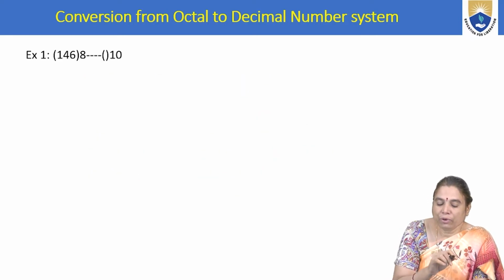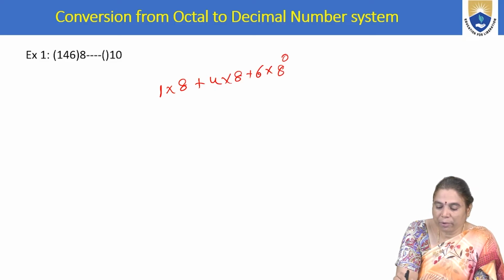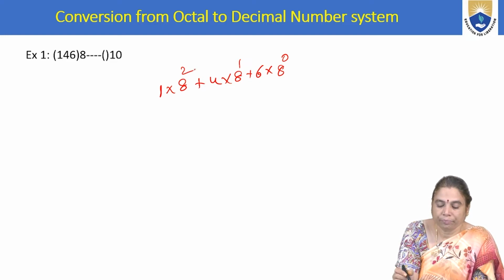So here 146 can be converted into the decimal number system. The positional values have to be taken into consideration. So 8 power 0, 8 power 1, 8 power 2 can be used here. And it is 6 plus 32 plus 64.